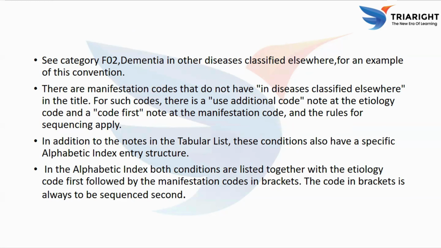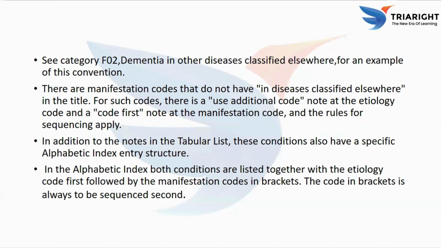So how does it appear in the ICD book? The tabular list, the main list of codes, will show these instructional notes. The alphabetic index also gives a hint on the order. It lists the etiology code first and the manifestation code in brackets, meaning that code is always used second. What is the easy way to remember? Cause is etiology, effect is manifestation.